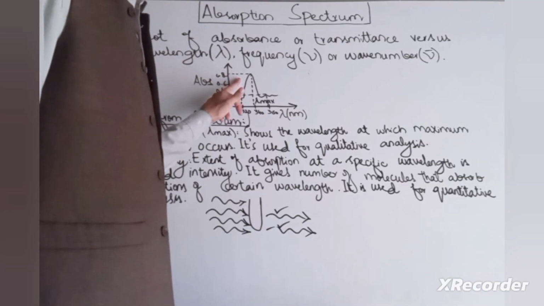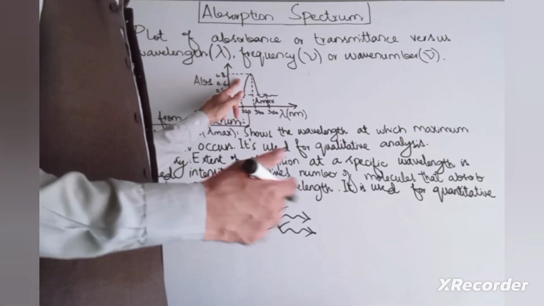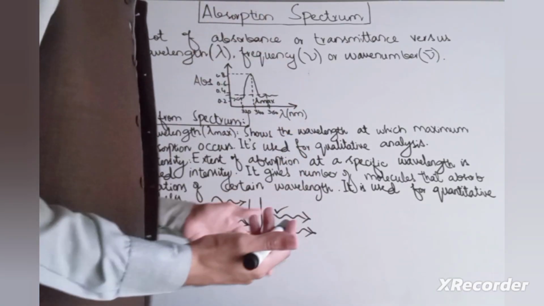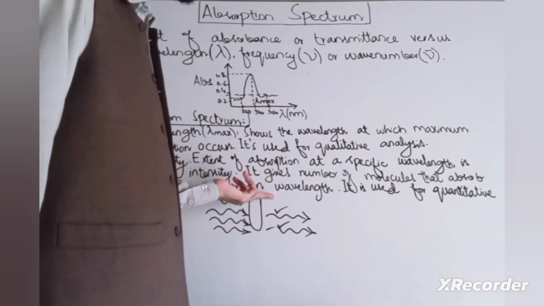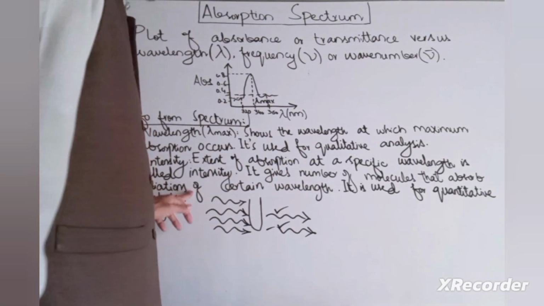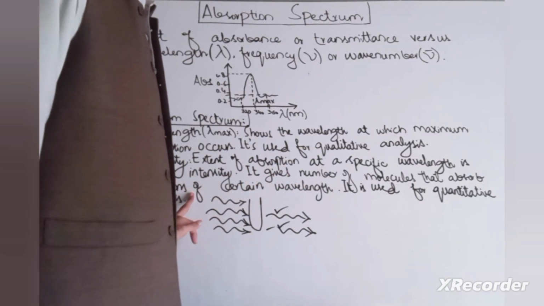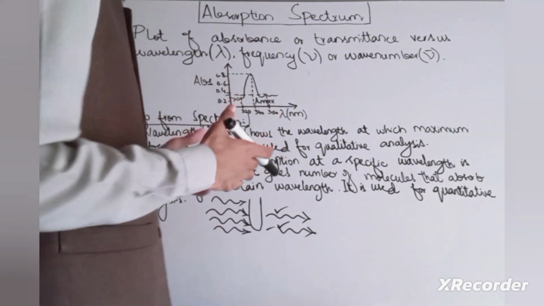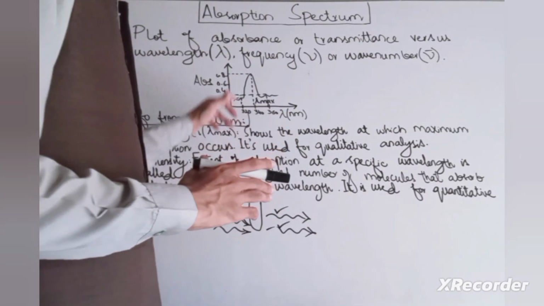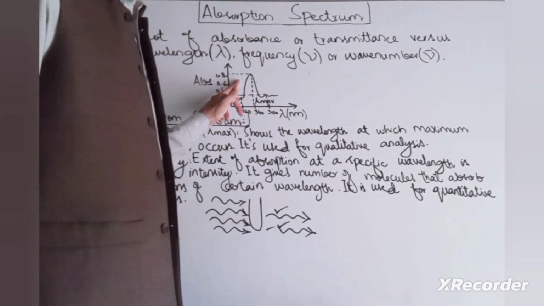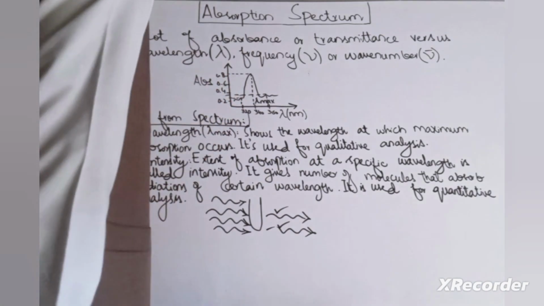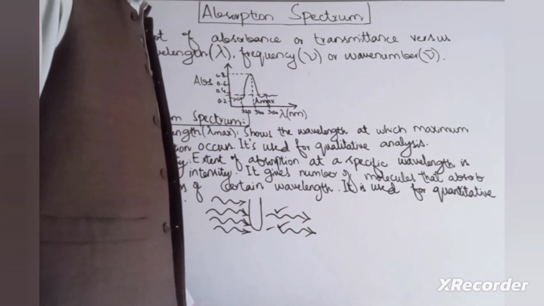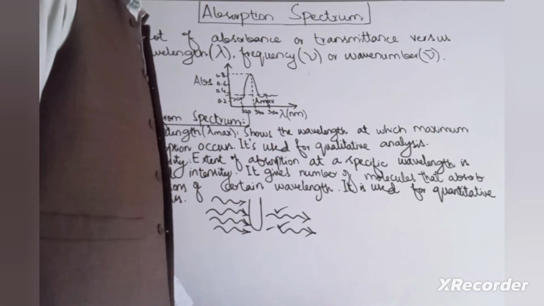So intensity gives us information about the number of absorbing molecules, and as it gives us a number, it's used for quantitative analysis. So we can have both quantitative as well as qualitative information from the absorption spectrum. This was all about the absorption spectrum and its interpretation.